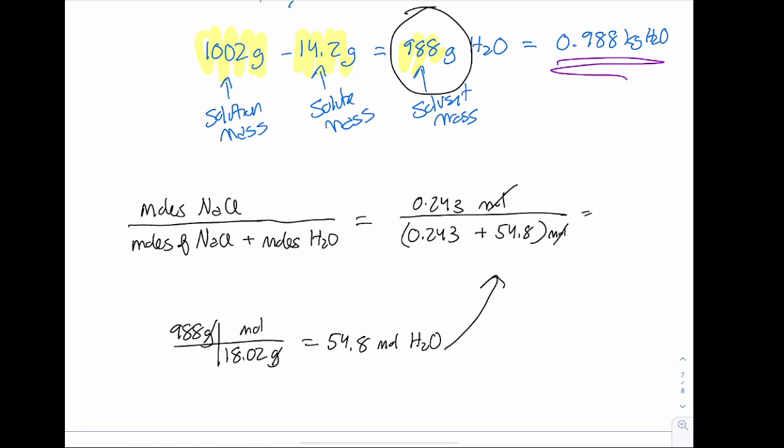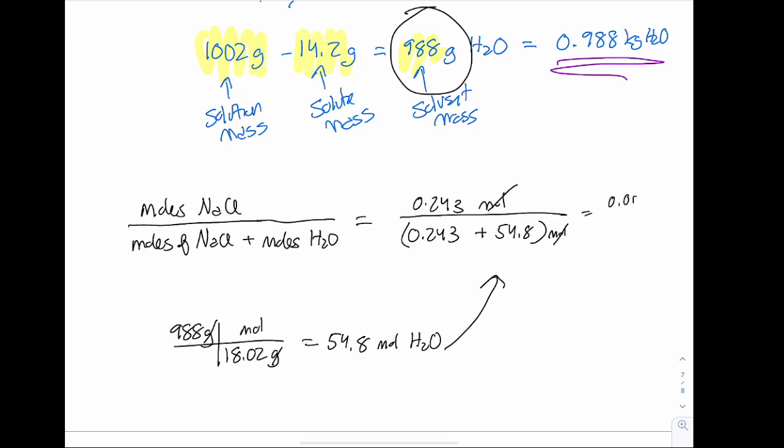So then that's the number that's going to go up here. My moles are going to cancel. Remember, mole fractions don't have units, just a number less than 1. And I got a pretty small mole fraction, which makes sense because it's a pretty dilute solution.